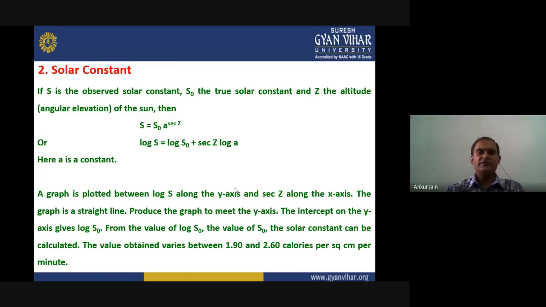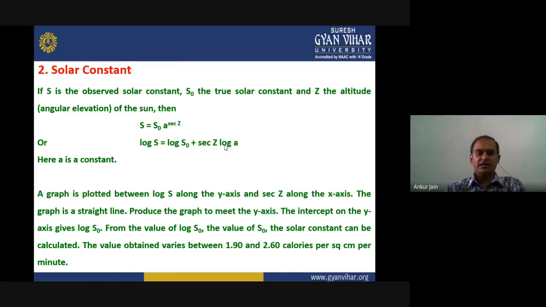Then the formula for the solar constant is given by S equals S0 a to the power sec Z. Now if we take log of this formula, it will become log S equals log S naught plus sec Z into log a. Here a is a constant.